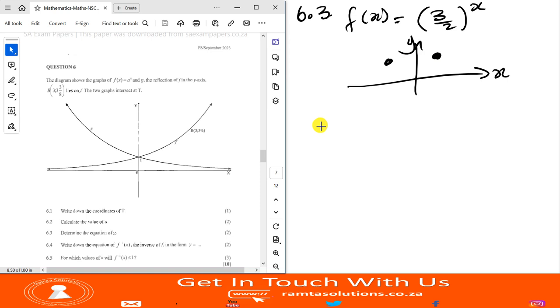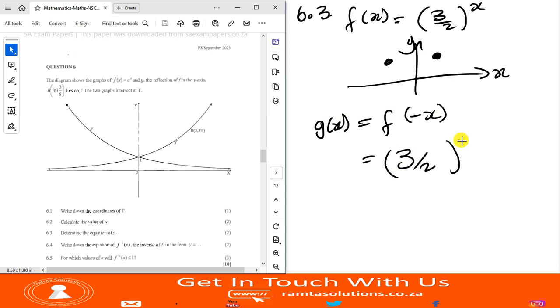So I will say g of x is basically f of negative x. Remember, when you reflect in the y-axis, x values change the sign. So this then becomes 3 over 2 all to the power negative x. If you like, you can also rearrange it and call it 2 over 3 to the power x.